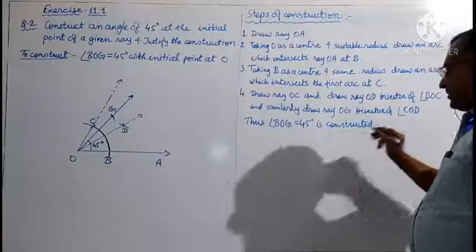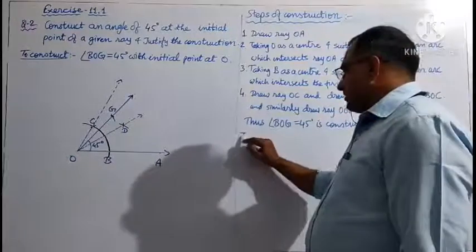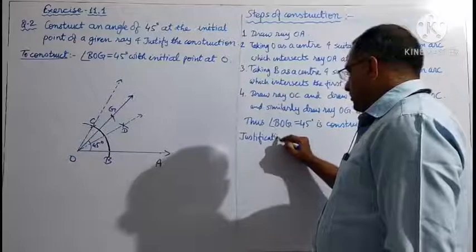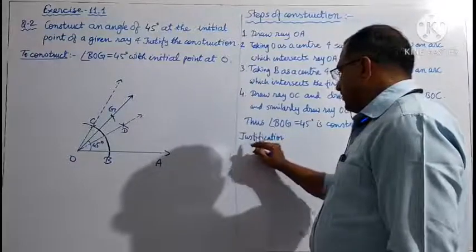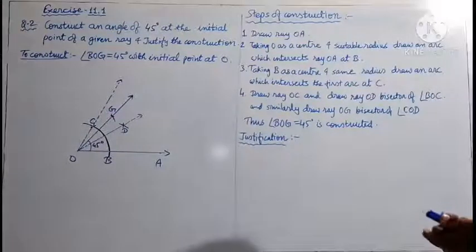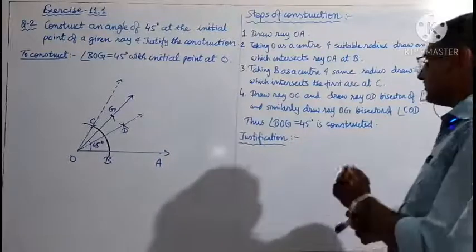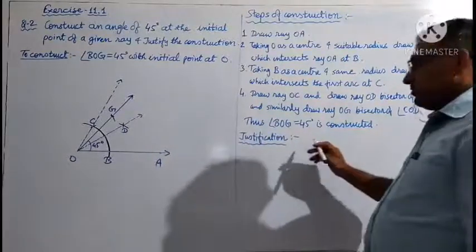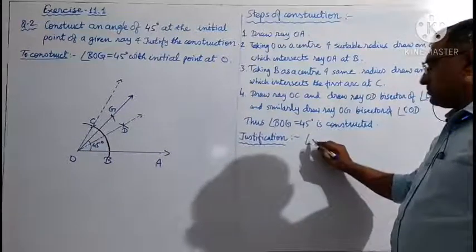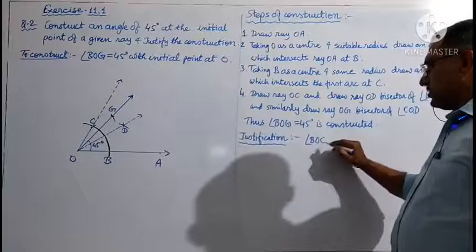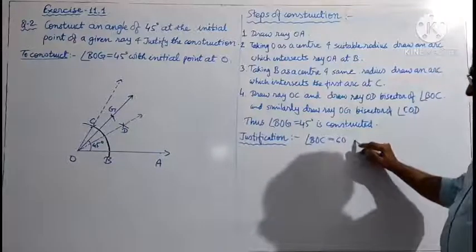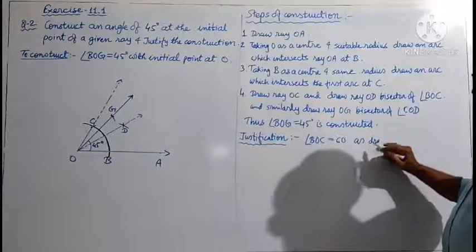How can you say that this angle drawn is 45 degree? So let us justify. Let's go for justification. First of all, here what we have done, angle BOC is constructed, that is equal to 60 degree as seen earlier.